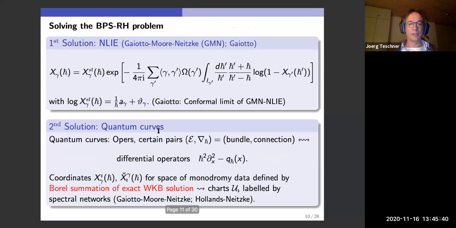And then, of course, this framework of GMN, more precisely the conformal limit thereof, gives a very computationally effective way of determining the coordinates which are associated to a given space and a given collection of these BPS indices, which are locally constant over the moduli space, but undergo wall crossing at certain loci and so on.